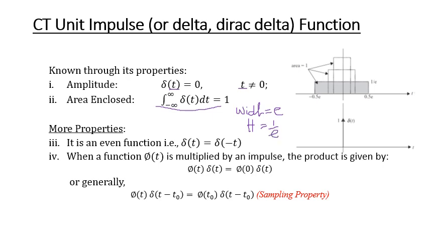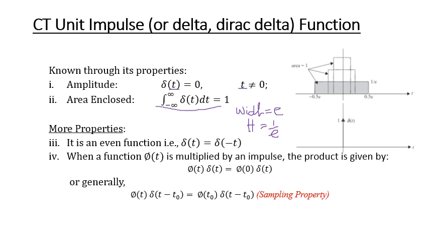So in this particular case, to derive the expression, we say the width of the pulse or impulse function is e and its height is 1 by e. So definitely its area will be equal to 1, because area equals width times height. So if width is e and height is 1 by e, the area will be equal to 1, right?